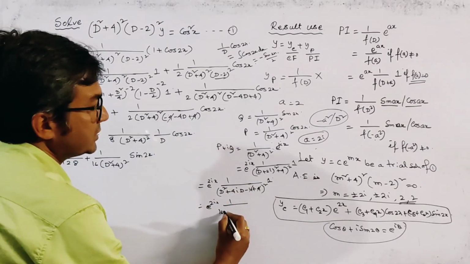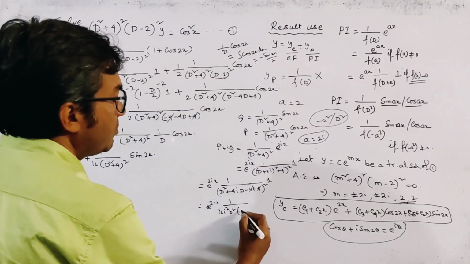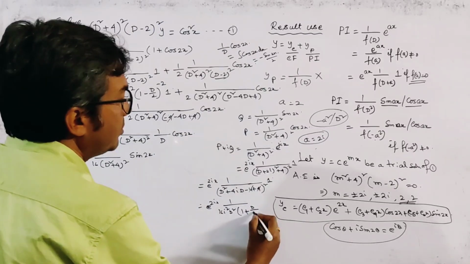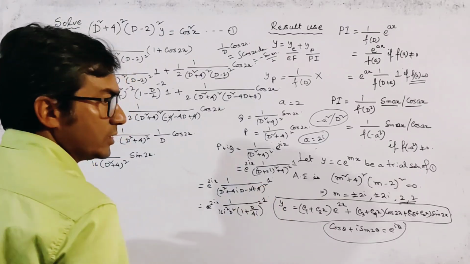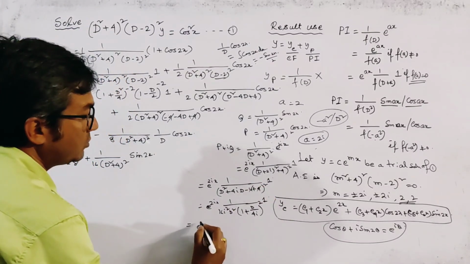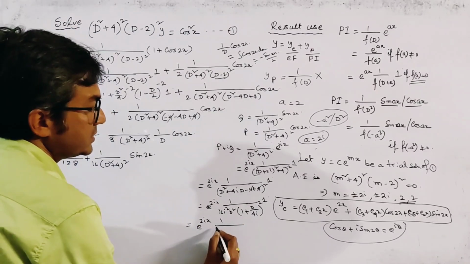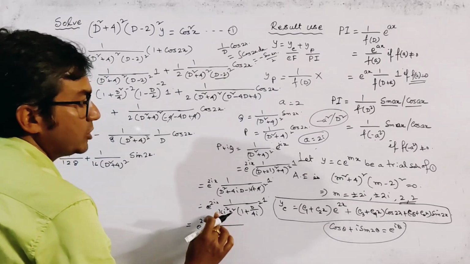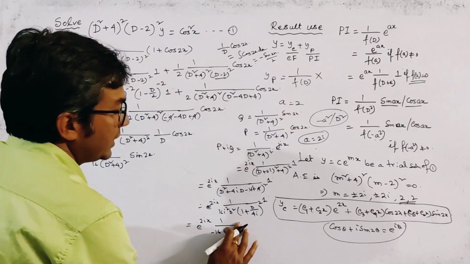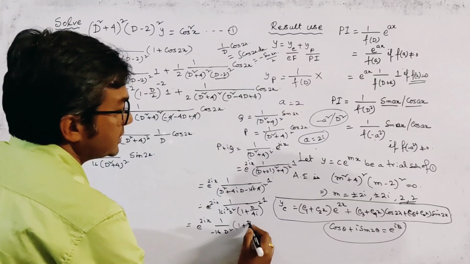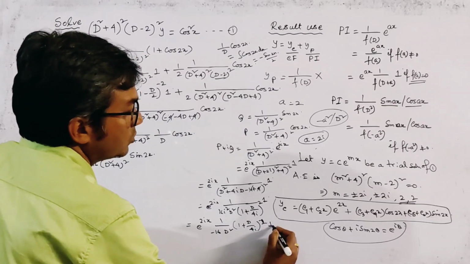This is 16 i square d square, and the remaining term is 1 plus d by 4i whole square. This is 1. Okay, so we get e to the power 2ix into 1 by minus 16 because 16 i square, and this is given by d square, and we write 1 plus d by 4i whole to the power minus 2 into 1.